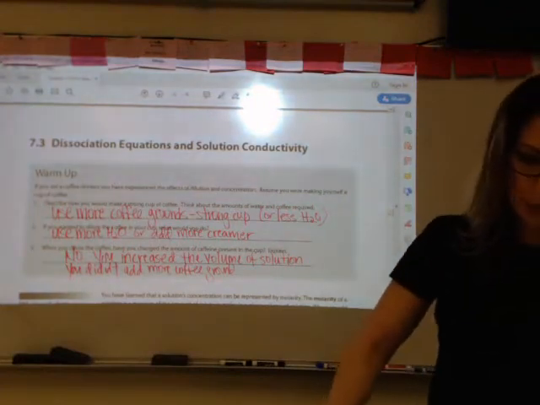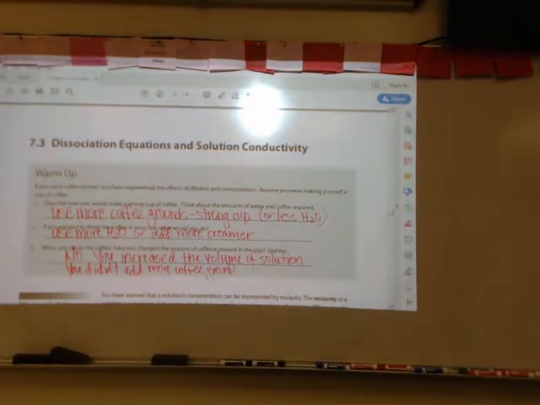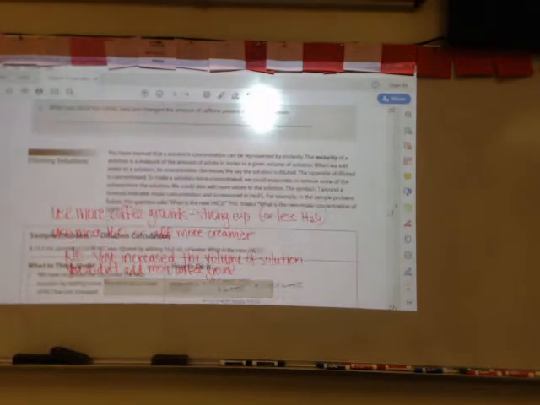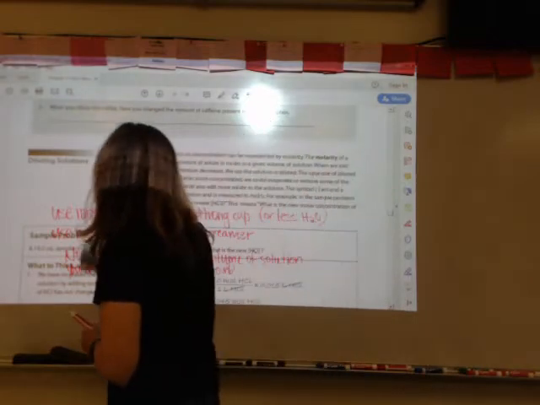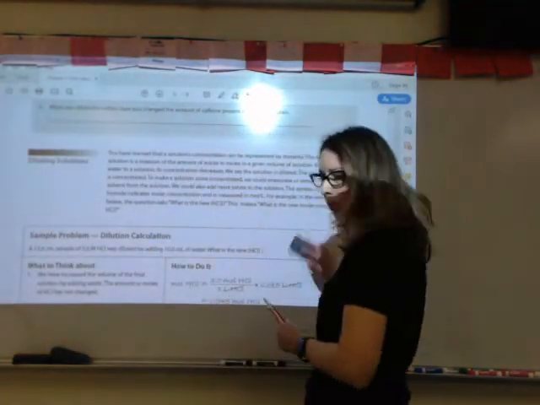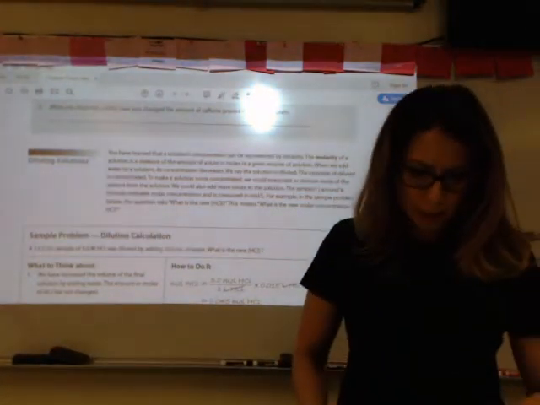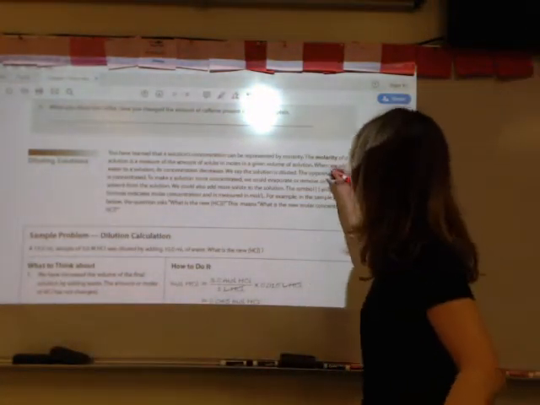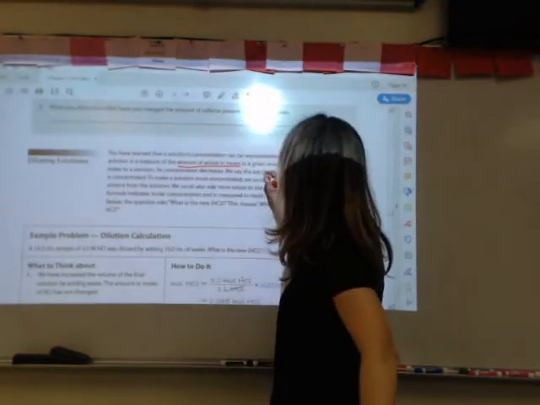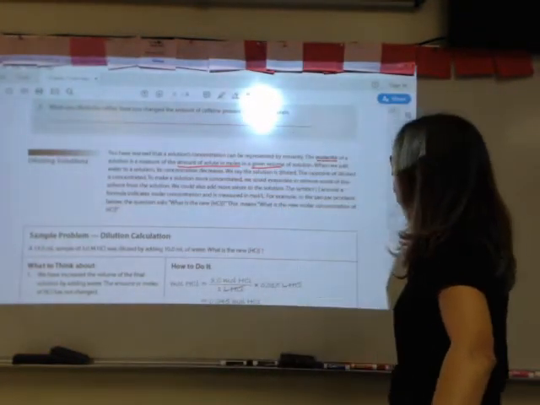So we're going to be talking about diluting solutions. And molarity is the amount of solute in moles in a given volume of solution.